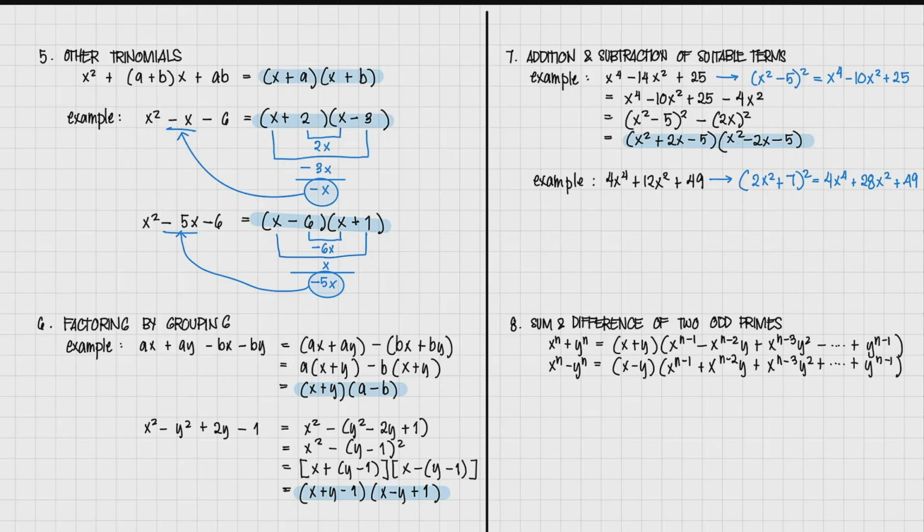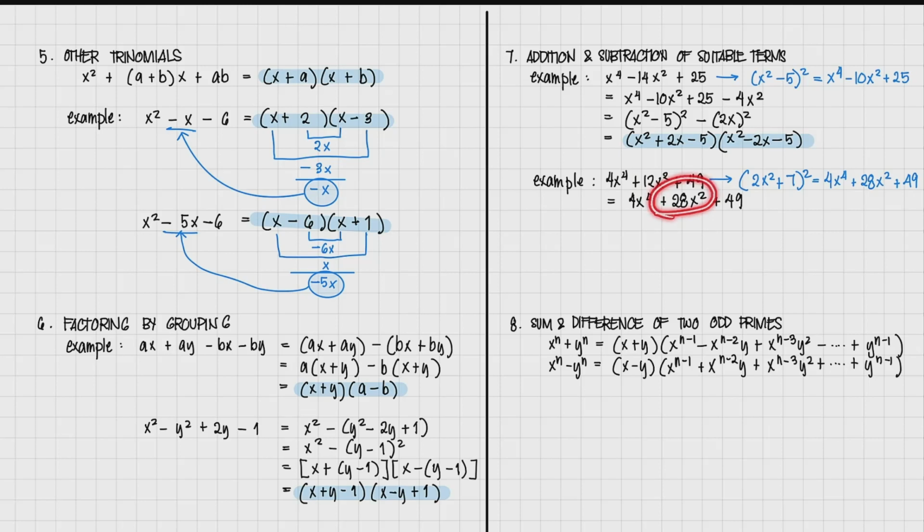So, we could use this to factor down this. So, what we're going to do is, ito tayo, 4x raised to 4 plus 28x raised to 2 plus 49. Ano yung kulang natin? So, this is supposed to be positive 12 times x raised to 2.